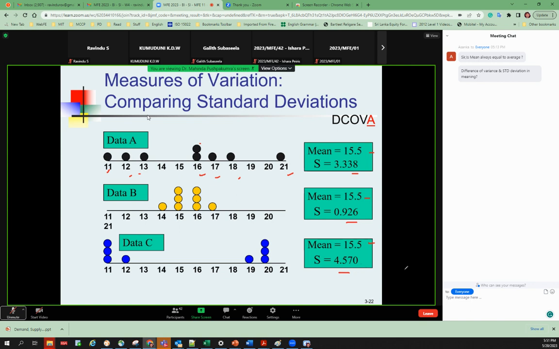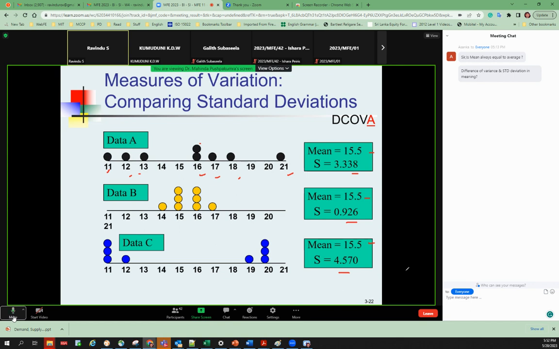What is the interpretation of standard deviation? What can you say about the variation of these three data sets? Which data set is more concentrated around the mean? Which one deviates from the mean?